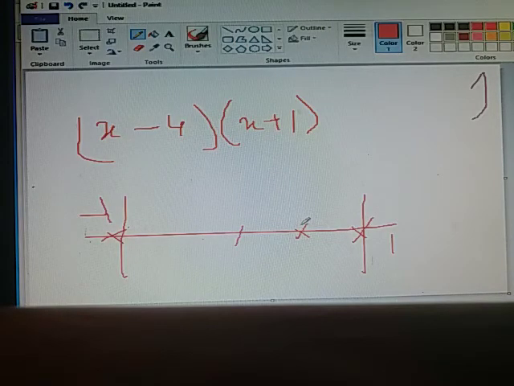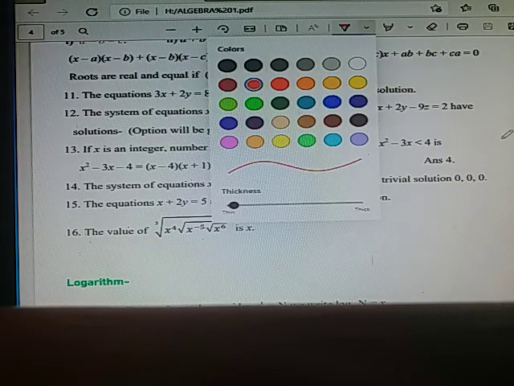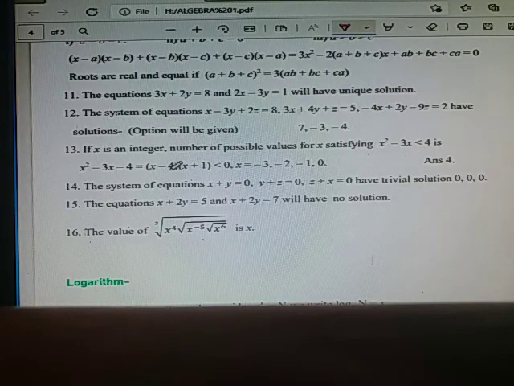Oh sorry, this is 3, this is 4, no? So this is 3, this is 2, this is 1, this is 0. So for this value it is negative, so it is wrong. I have to write here, this is x is plus 3, plus 2, plus 1, 0. Answer, it is 4. So 4 number of values we will have.